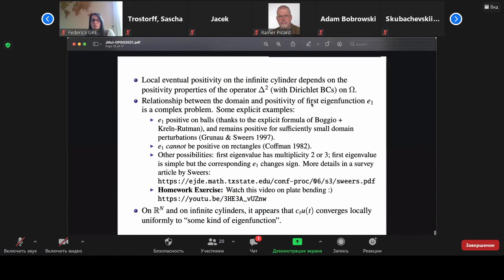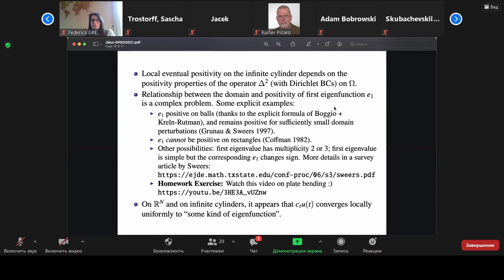It turns out that the relation between the domain and positivity of the first eigenfunction is quite complicated. I mentioned some rather interesting and explicit examples. We know, due to an explicit formula for the Green's function of the operator on the unit ball, for example, that E1 is positive.